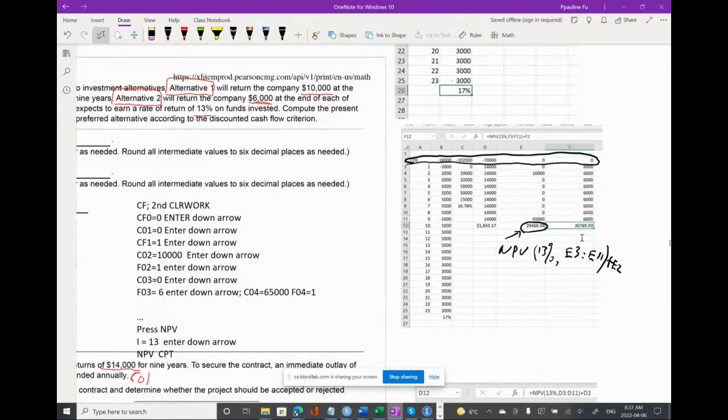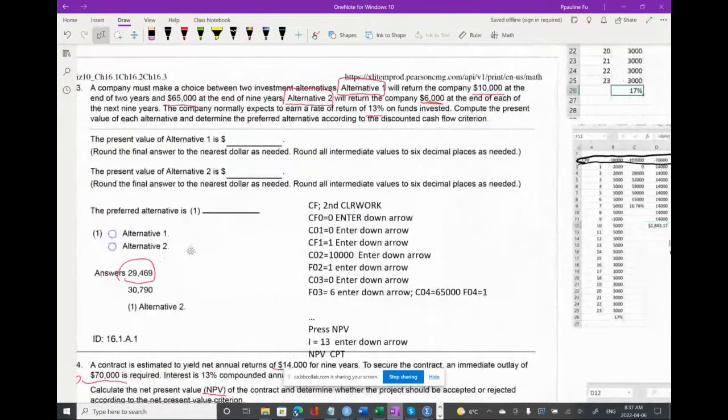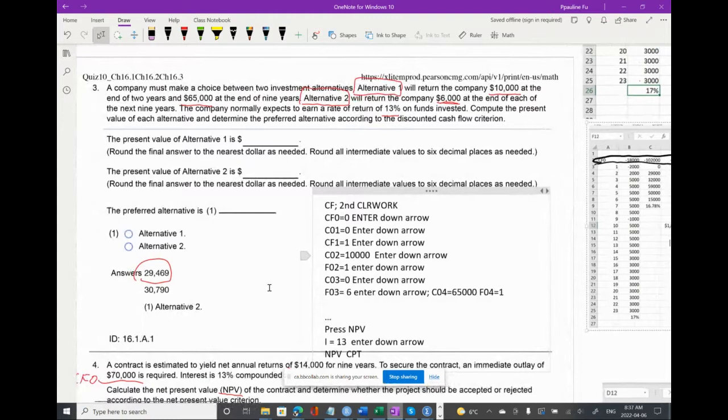And you get a net present value of $13,689. So obviously you will prefer alternative 2. It gives you more money. All right, so that is the Excel method.